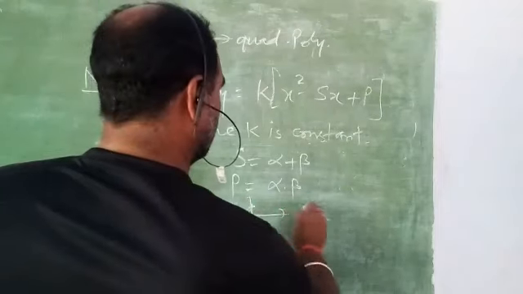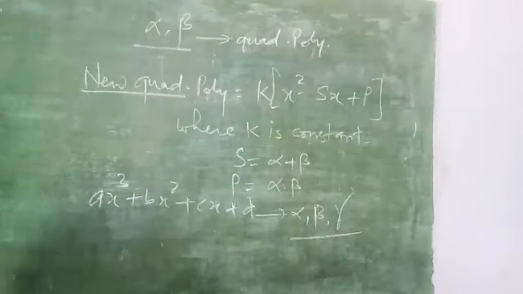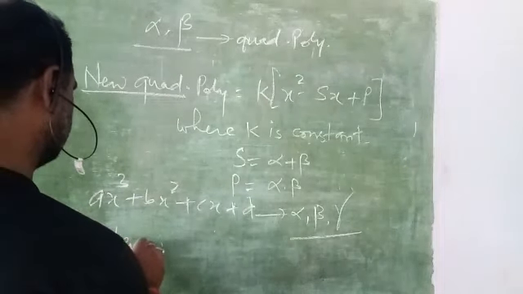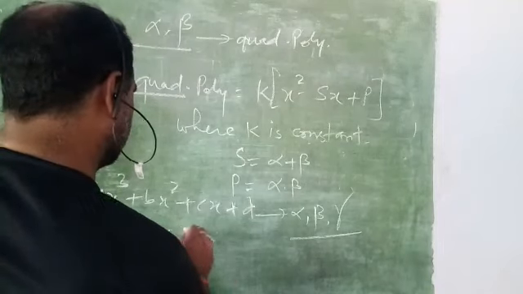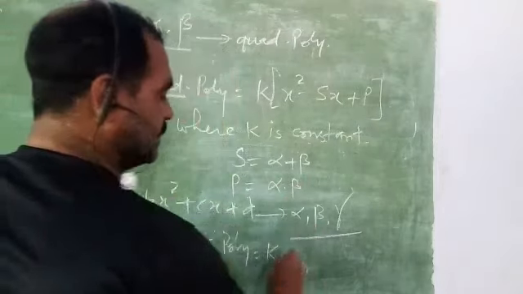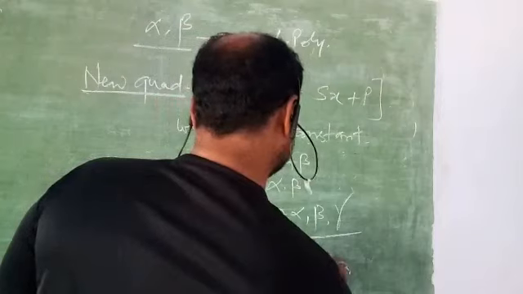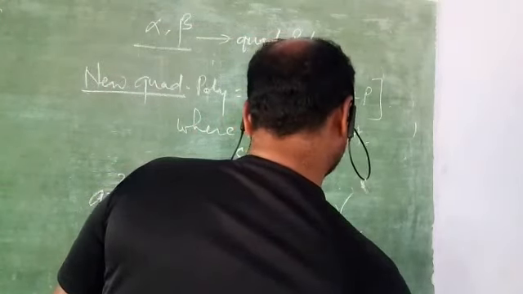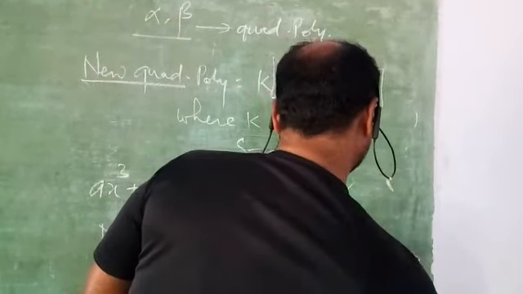If alpha, beta, gamma, three zeros are given, then the new cubic polynomial equals k times (x cube minus sx square plus spx minus p).